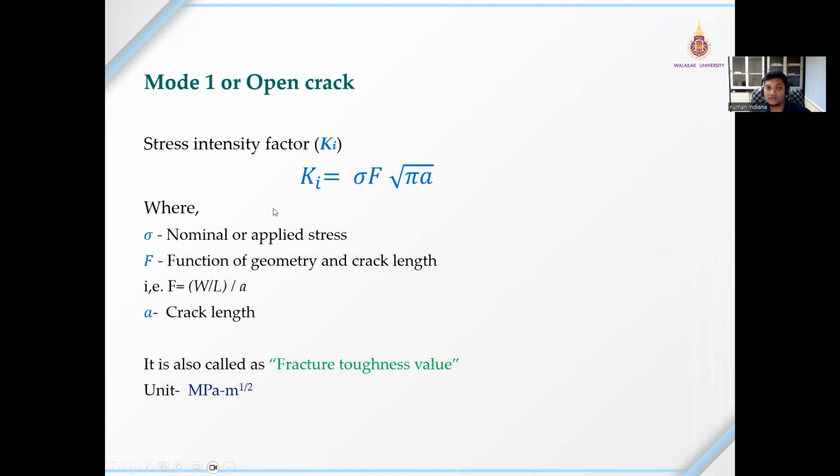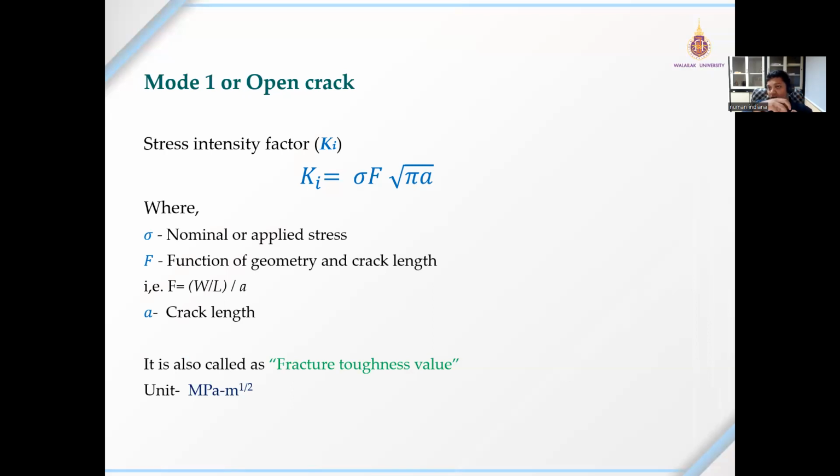This is the formula to calculate the stress intensity factor. As I said, for metal kinds of materials, the stress intensity factor will be more because it takes a maximum load to deform the shape, and then it will crack.